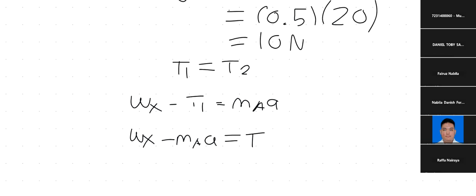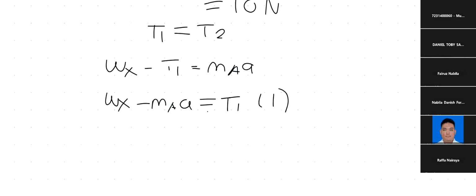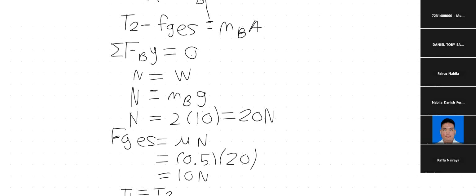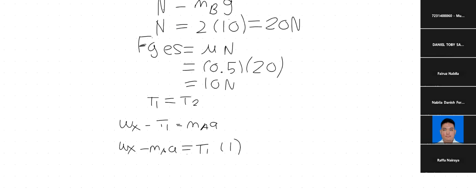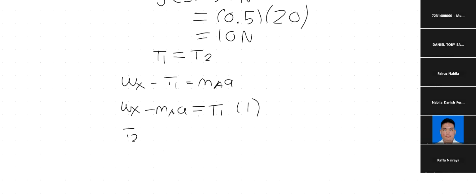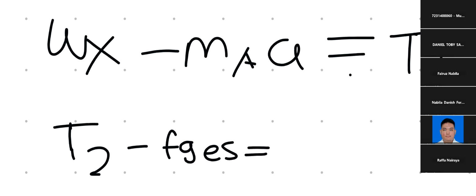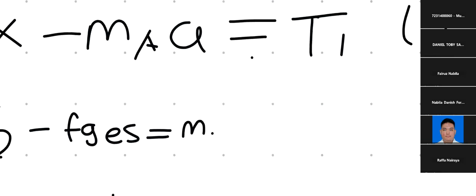This is 1. And then for system 2, we also gained T2 minus friction is equal to the mass of B times acceleration.